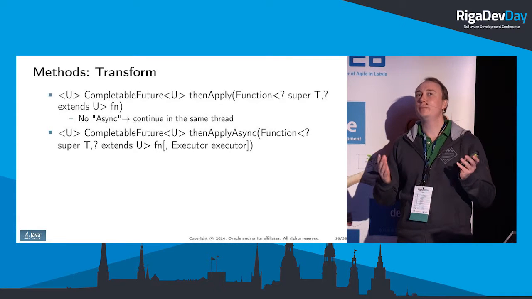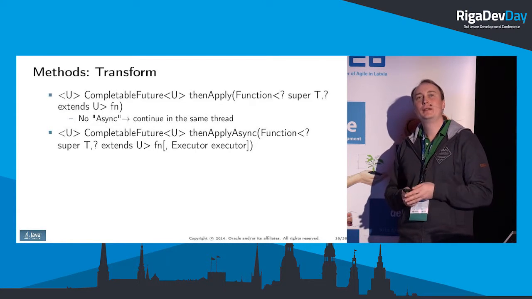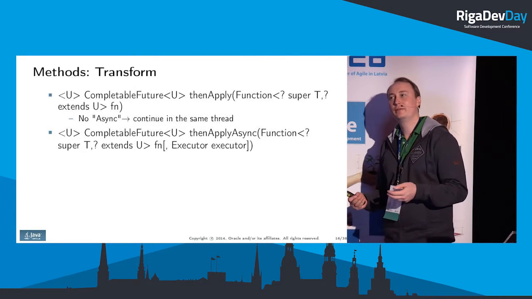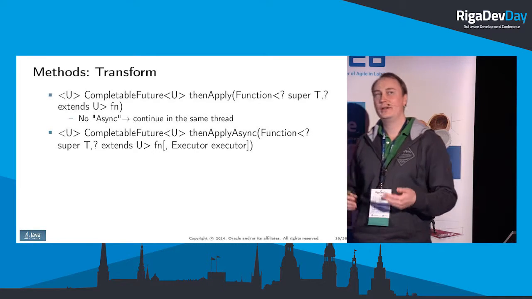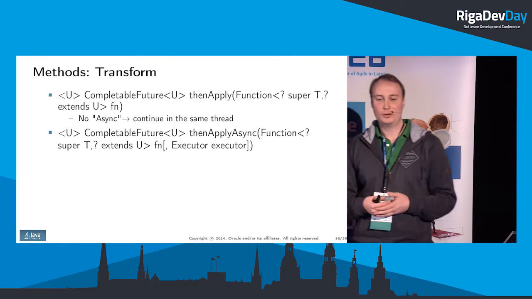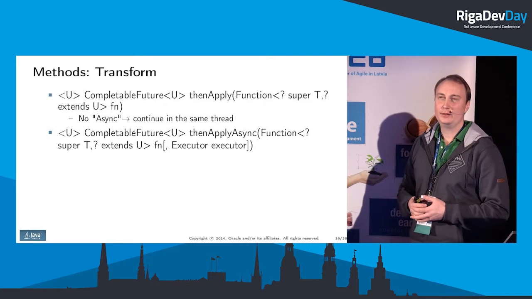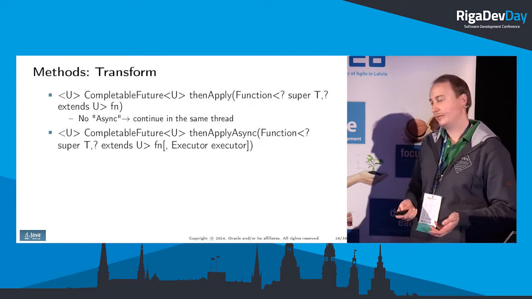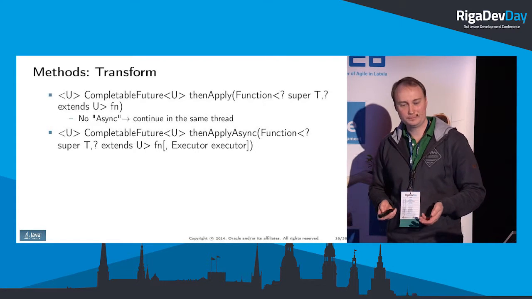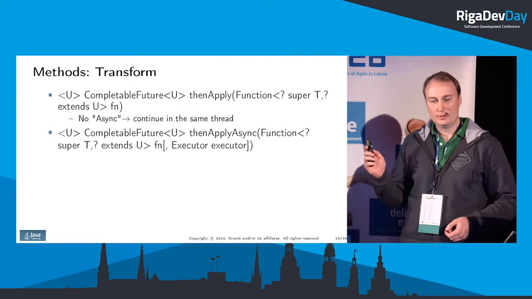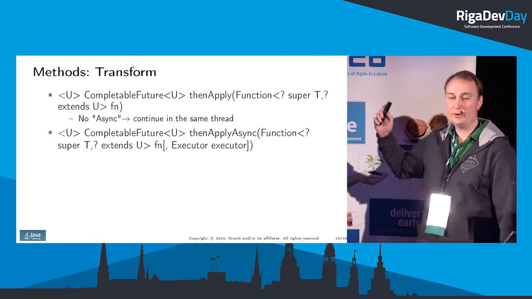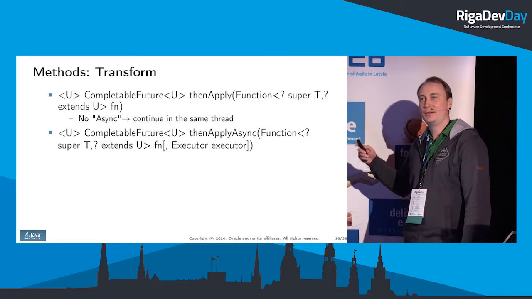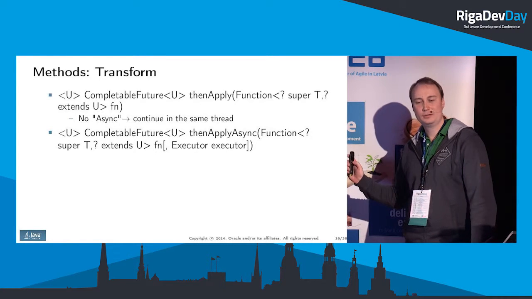What is good about streams? They have clean abstractions of transforming our values without any intermediate locals, and those concepts are quite few. So the same is for completable future. Maybe the most common method is thenApply, and there's also thenApplyAsync.